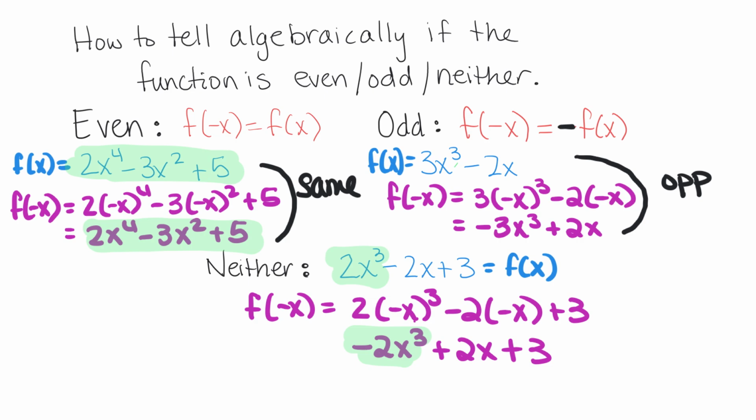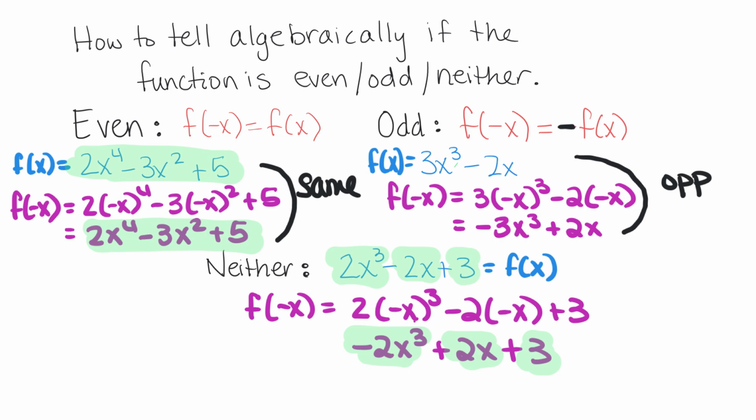Okay. The second one, negative 2x, also was opposite. So far it's looking like an odd function. But then in the original, I had a positive 3, and here it was the same.